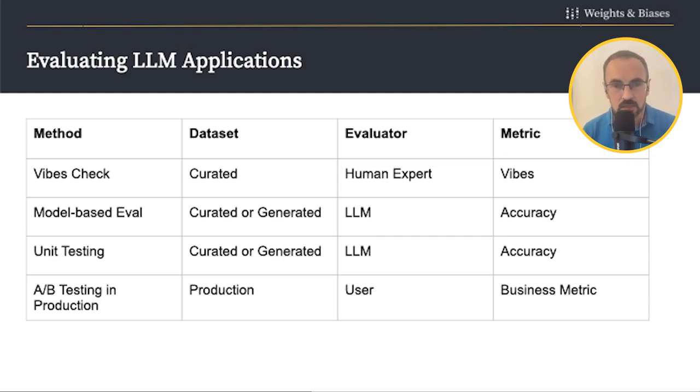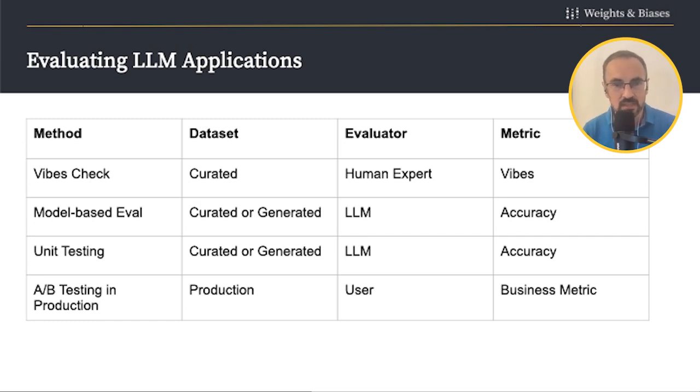Let's say we're dealing with a summarization task, and there might be a certain number of events or facts that we would expect to see in a generation, in a summary. We can use language models quite effectively to assess that. So this allows us to get more granular. This makes the assessment a bit more objective, and it does require a bit more investment in preparing such an evaluation test.